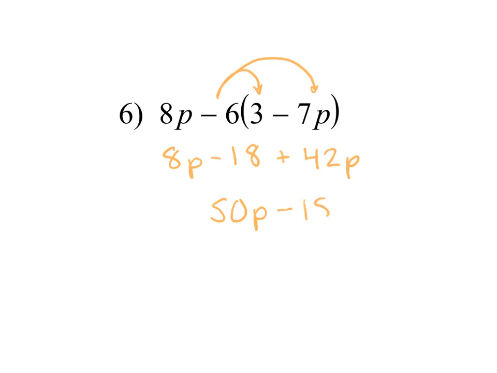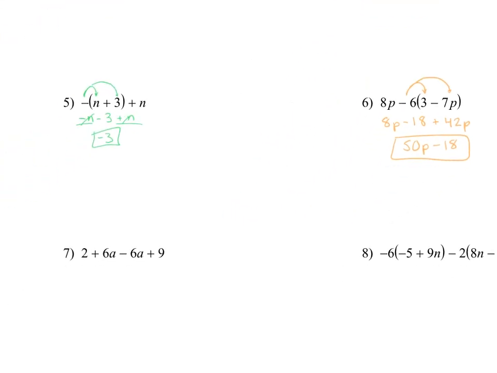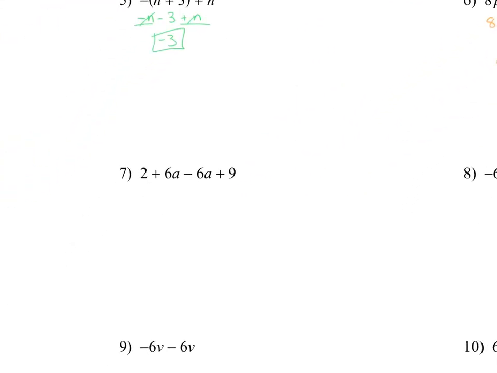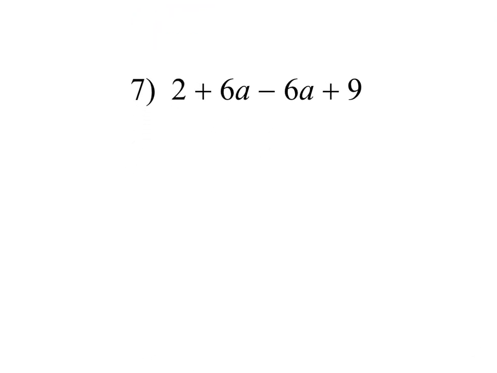Perfect. 50p minus 18. Let's look at number 7. What did you guys get for the answer for number 7? I got 11. Awesome. Our 6's cancel out, and then we just add 2 plus 9, and we get 11.